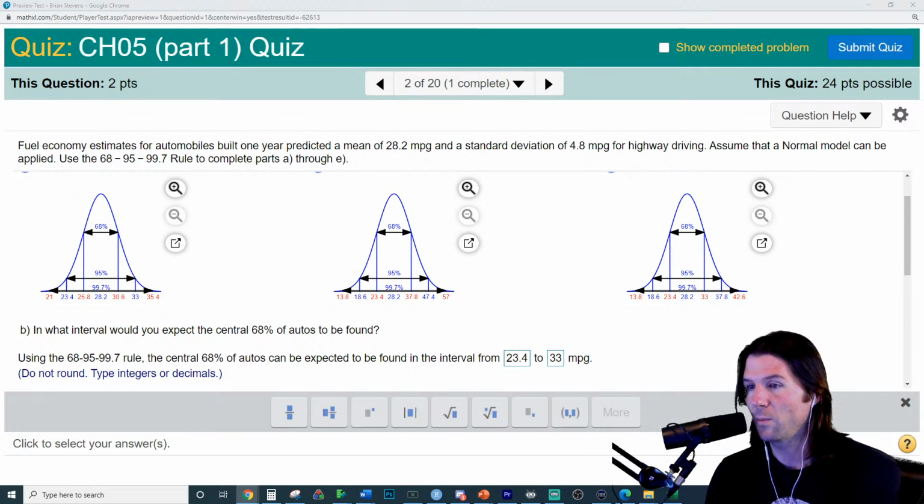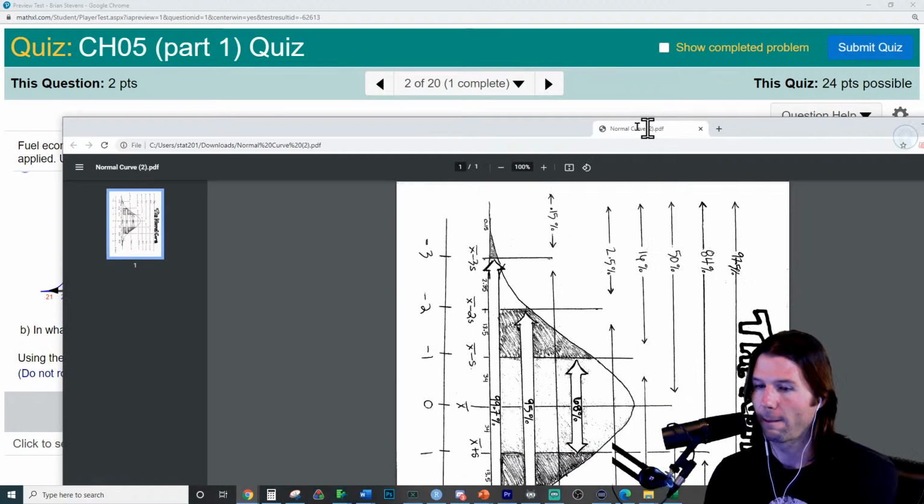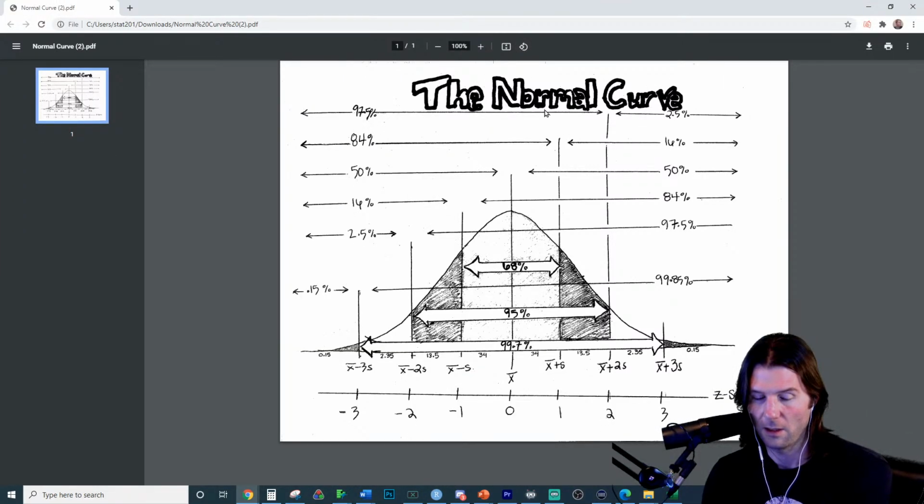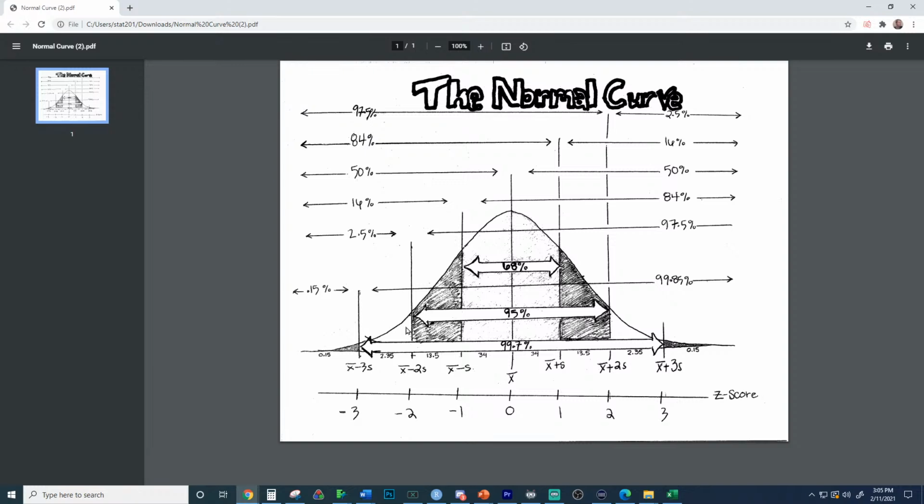I can also draw this out, but this is the quick and easy way to answer it if you have the following graphic. So here is the graphic on the screen. And take note of this right here. This is the major cheat sheet for a lot of these questions. Screenshot it right now and use this as a cheat sheet.